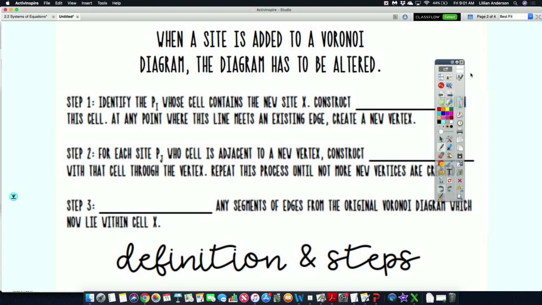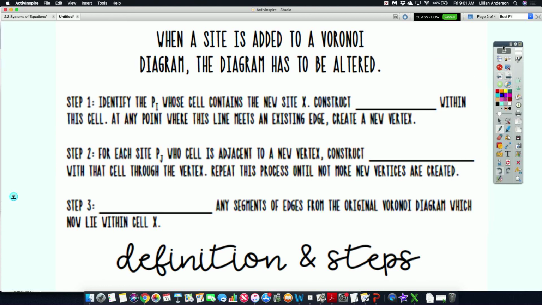Now, when a site is added to a Voronoi diagram, the diagram has to be altered. There are three steps when you do this, and step 2 can be repeated multiple times depending. Step 1 says to identify P sub i, whose cell contains the new site X. P sub i represents one of the sites that is already located on your Voronoi diagram.